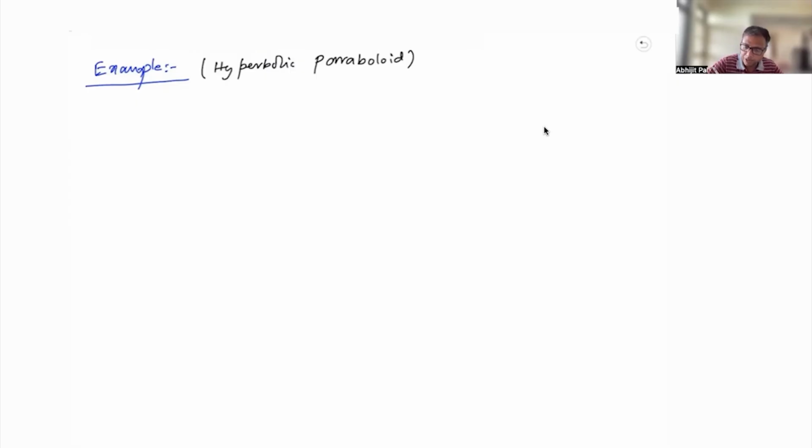What is the equation of the hyperbolic paraboloid? z equals x square minus y square. The surface will be like this.